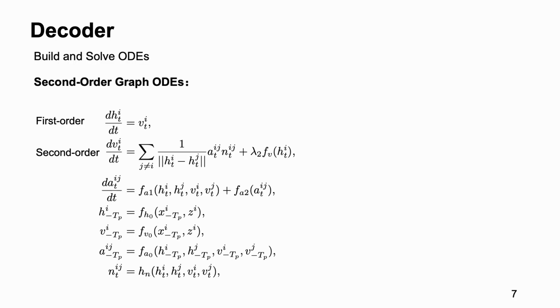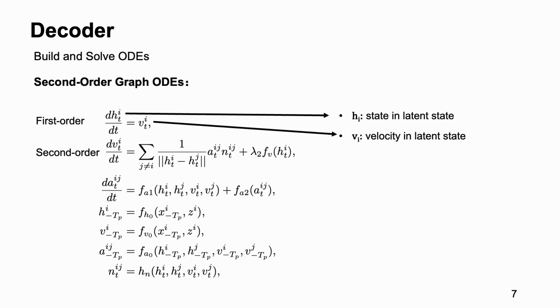After computing the latent vectors with the encoder, the decoder builds and solves the ODEs to obtain future latent trajectories. H is the latent state for each agent and v is the latent velocity. The evolution of latent state H is modeled by our second-order ODE. The first equation is the first order, which means the derivative of position is velocity. The second equation is the second order.